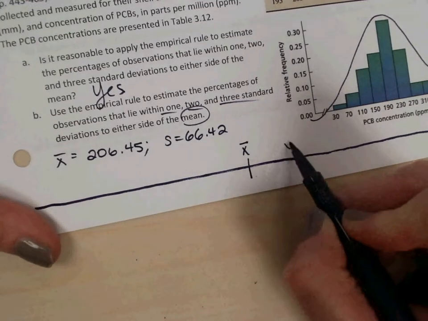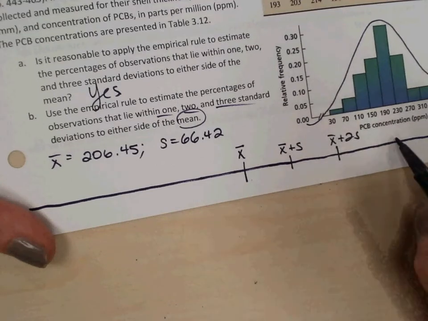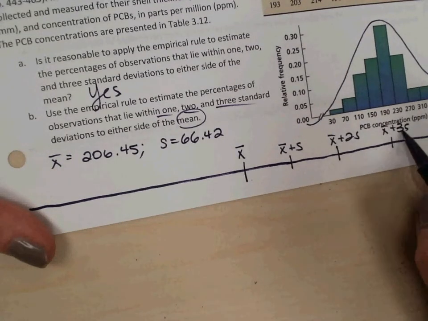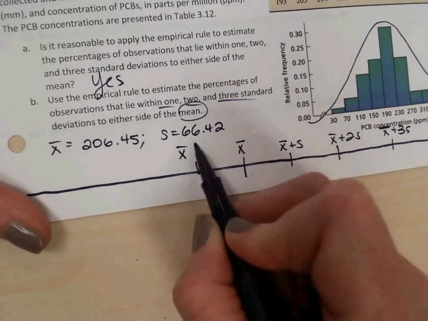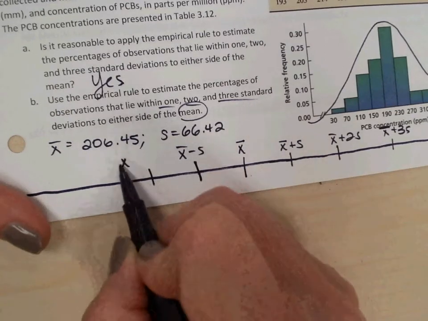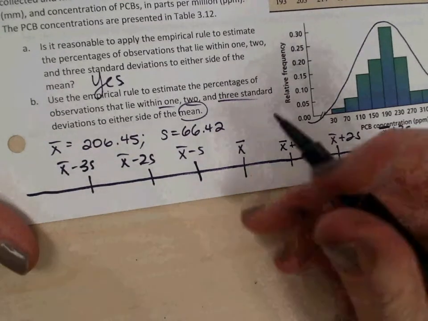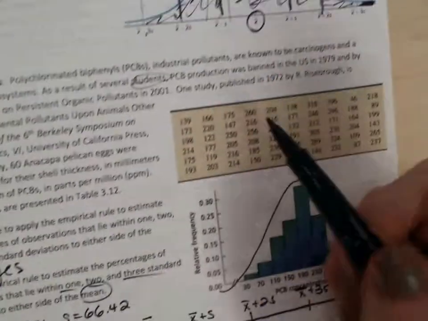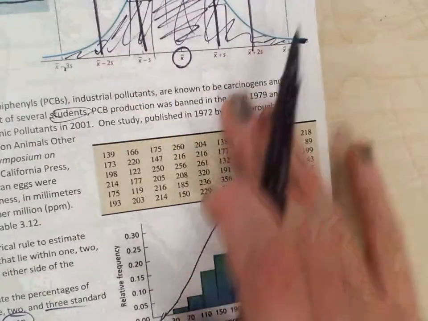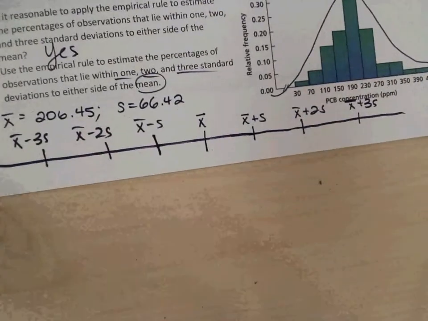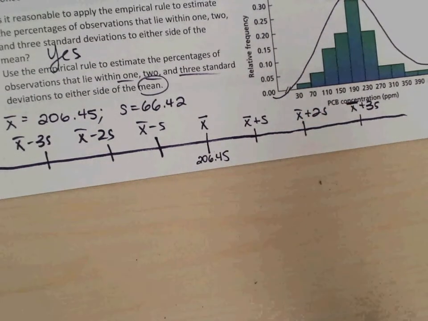I'm going to calculate X bar plus S, X bar plus 2S, X bar plus 3S, and similarly on the other side, X bar minus S, X bar minus 2S, X bar minus 3S. I just copied the horizontal line from my empirical rule picture above, and I'm going to fill it in. So X bar, 206.45, goes in the middle.